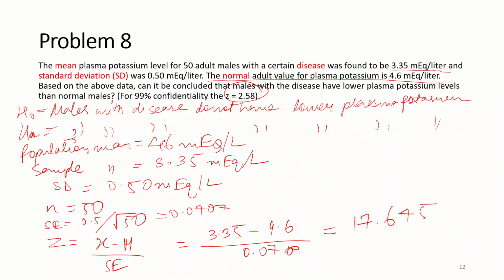Can't we reverse this? Like, I considered the null hypothesis as the males with the disease have a plasma potassium level lower than normal males, and my alternative hypothesis that they do not have the effect. Would anybody like to answer this?